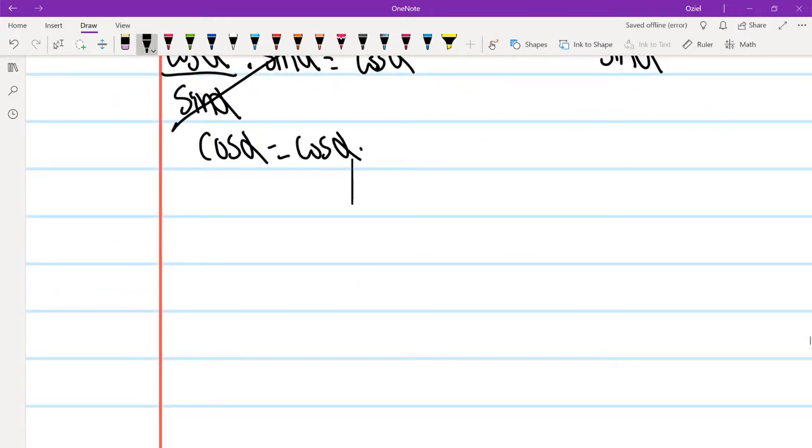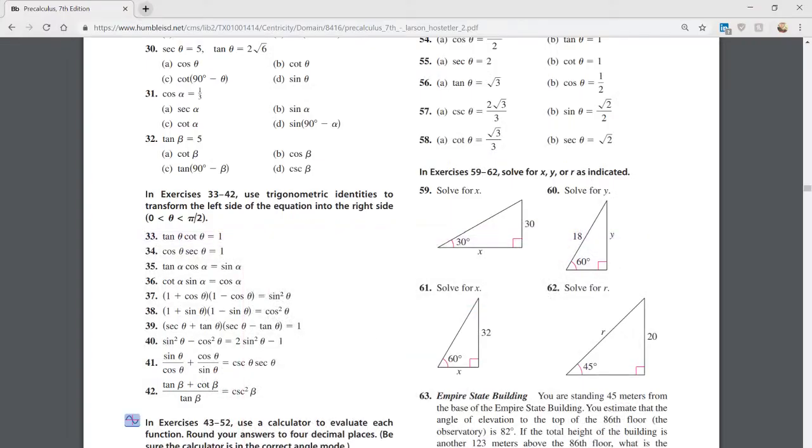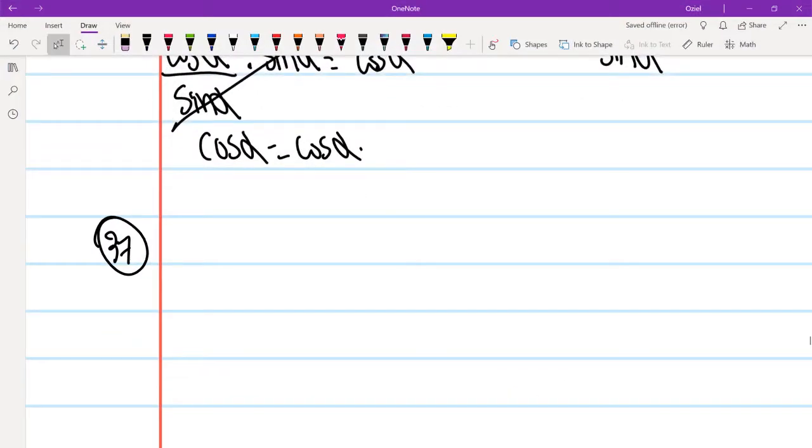And so number 37 says 1 plus cosine of theta times 1 minus cosine of theta equals sine squared of theta.